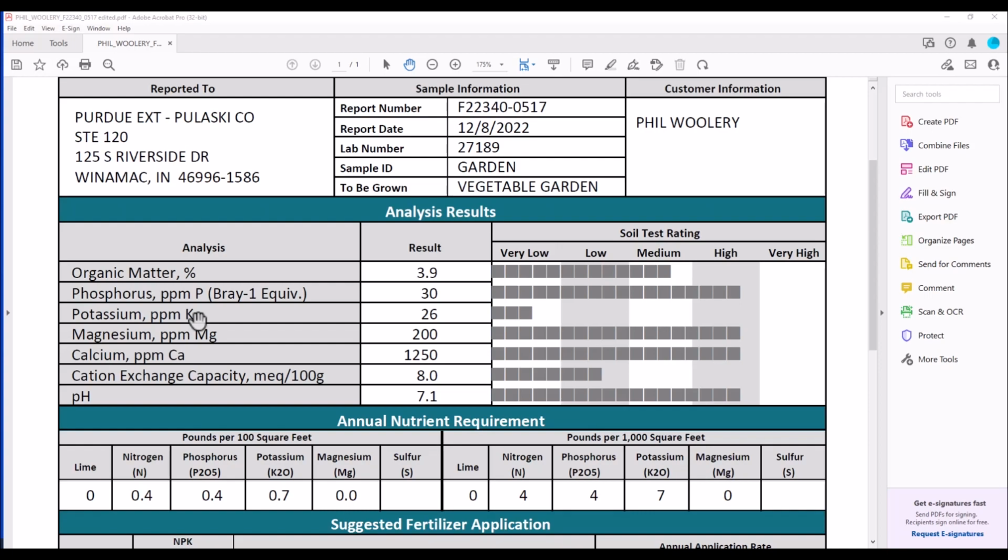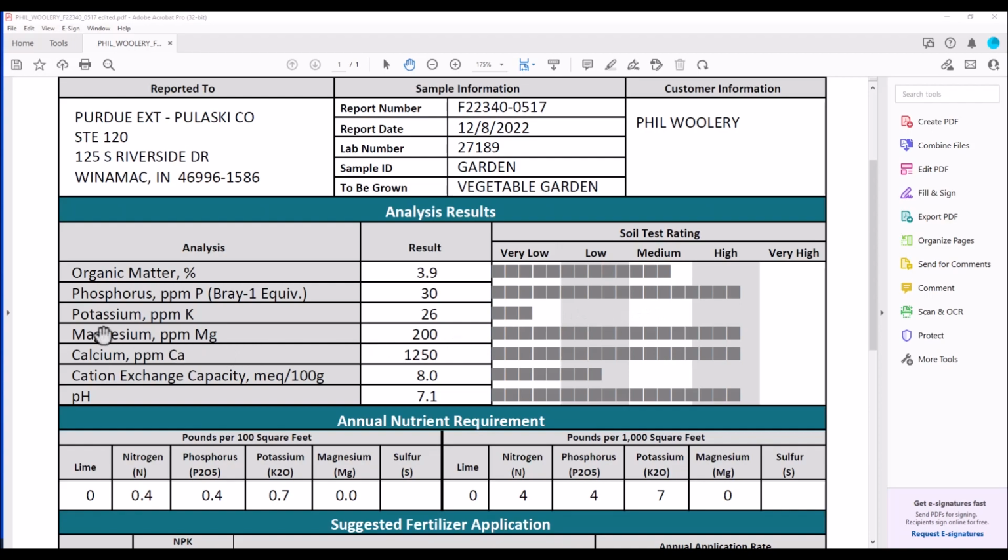It's also used in protein and starch production. If we have a deficiency, you could have signs of chlorosis, or yellowing, in older leaves and browning along the edges of the leaves. In ours, we're at 26 parts per million, and we're rated at very low. That's probably a limiting factor in the garden, so we need to correct this to have good growth.